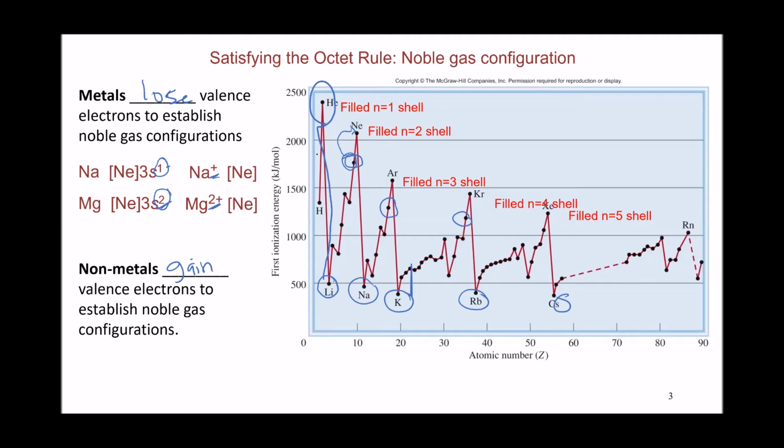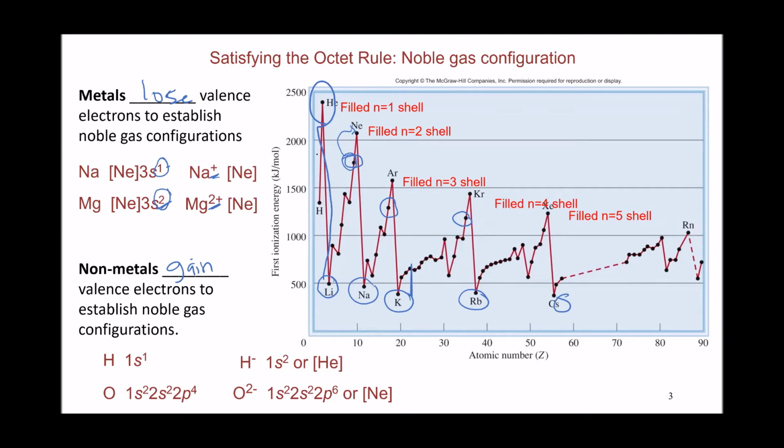It prefers to gain electrons and form negatively charged ions, or what we call anions. And the configuration will basically change from an unstable, partially filled electron configuration to the most stable noble gas configuration, the next noble gas configuration.